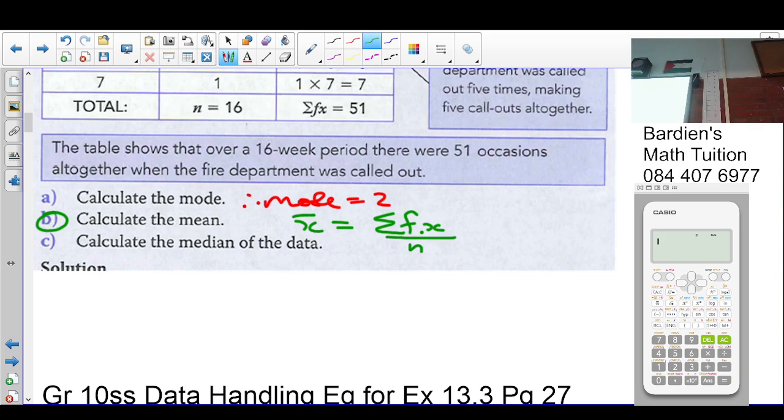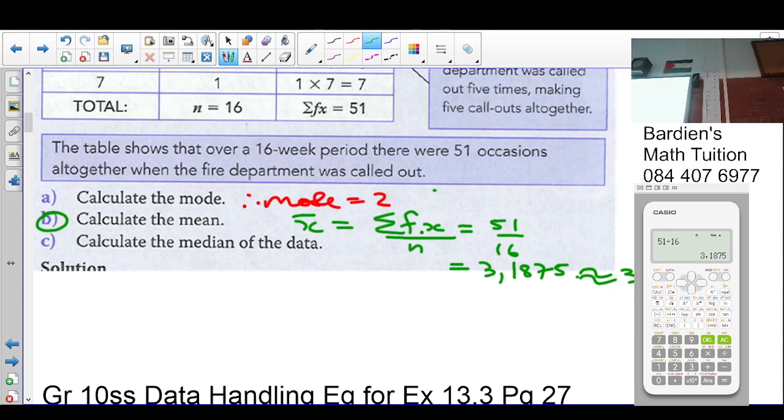So in other words, this calculation would be 51 over 16. You put it in a calculator. 51 over 16 gives us an answer of 3.1875. Okay, if you want, you could have rounded off to 2 decimal places, or approximately 3.1.